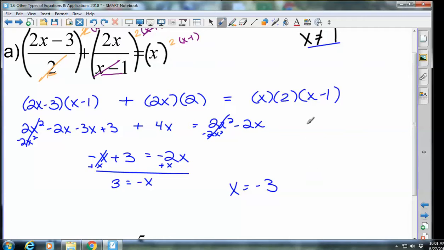I did get negative 3, so it should work. Now, if you hadn't written down what x couldn't be, then you absolutely need to go back to the original problem, make sure negative 3 doesn't make your denominator 0. You also know on a test or quiz, you could check this just by plugging negative 3 back into the original equation and making sure it works. Does everybody know how to check like that?